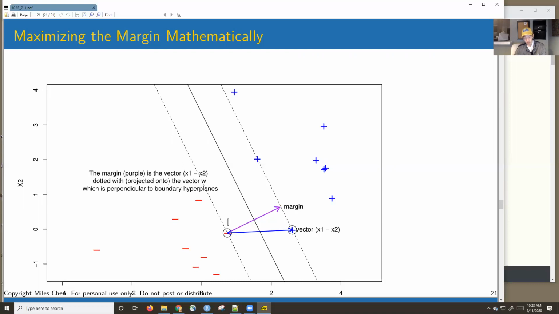Even if the vector were drawn from this dot to this dot, if we project it onto the direction perpendicular to the boundary hyperplane, then you will get the margin. If you recall, the dot product between vectors is the projection of one vector onto the other vector.